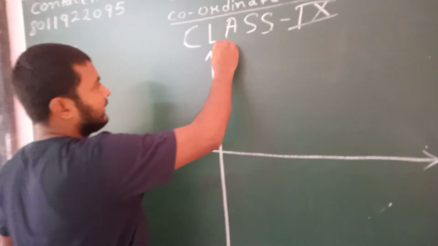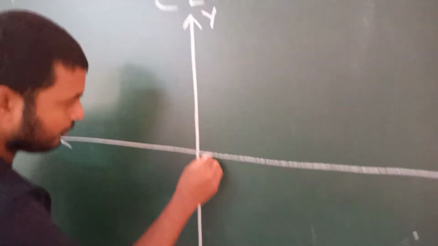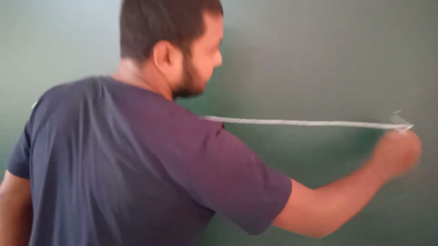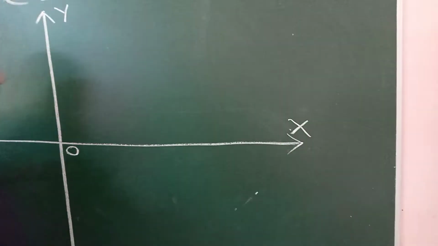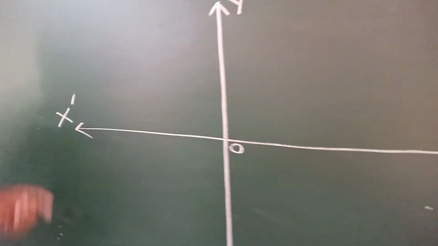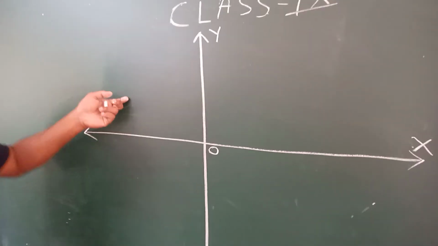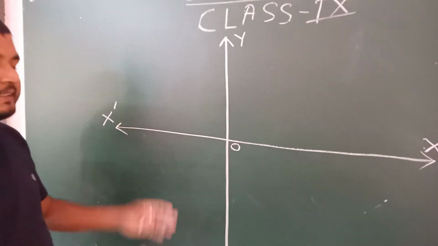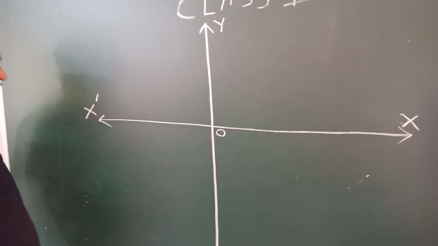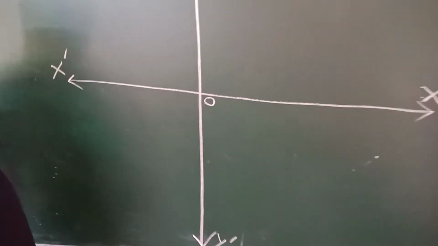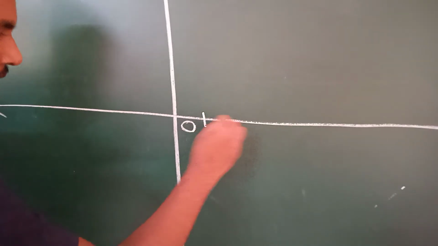This vertical line we write similarly y dash, and this horizontal line we write as x dash. Means the two lines that we have drawn earlier separately, now we have intersected them. So here O, or 0, is the common point. Now similarly we make divisions.